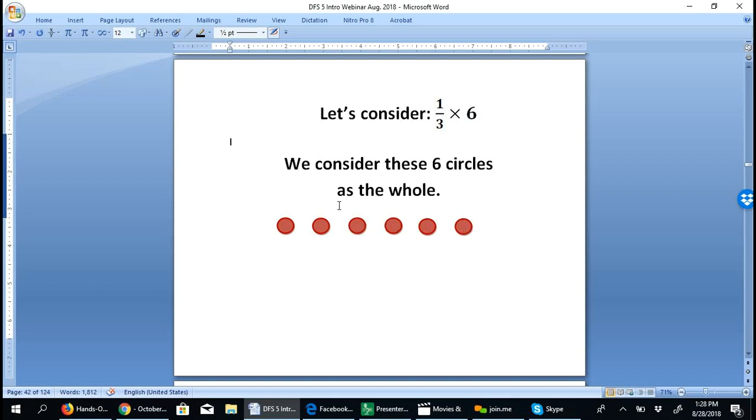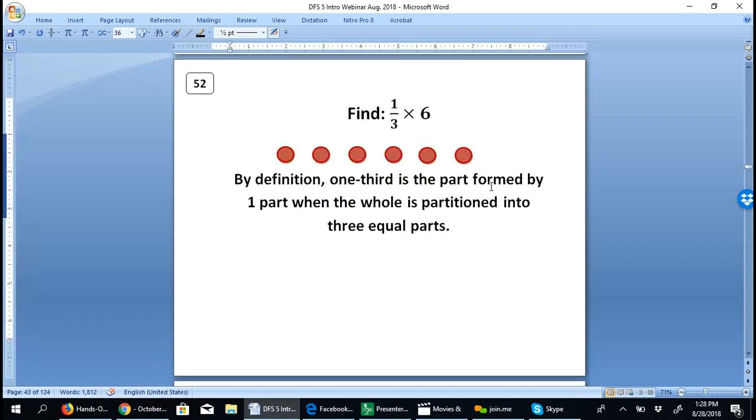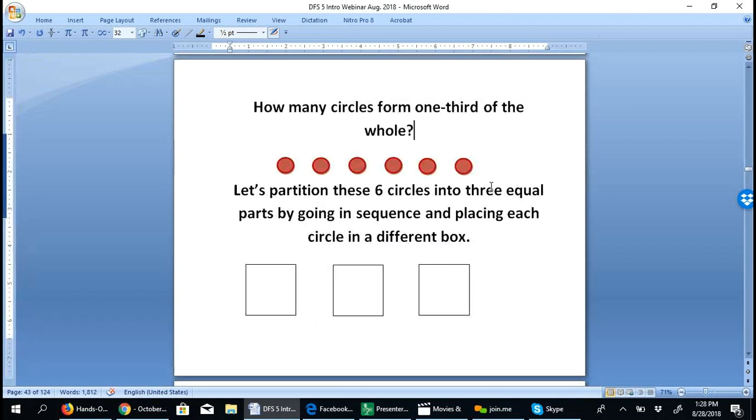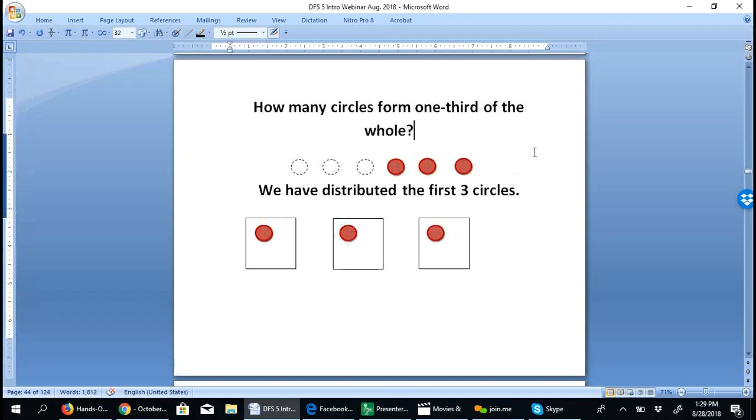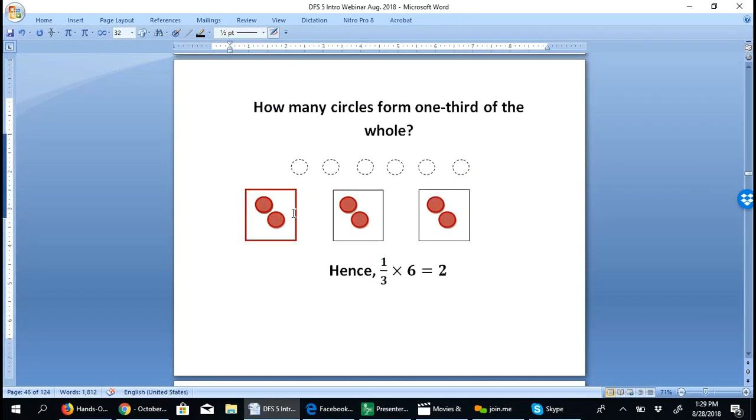And you can see the partition would be here. And so you can see instantly that the answer would be 2. 1/3 of 6 is 2. It is the part formed by 1 part when the whole is partitioned into 3 equal parts. So the way we did it here is we have 3 boxes and we place these chips one at a time into the boxes. And when we're done, you see that 1/3 of 6 is 2.